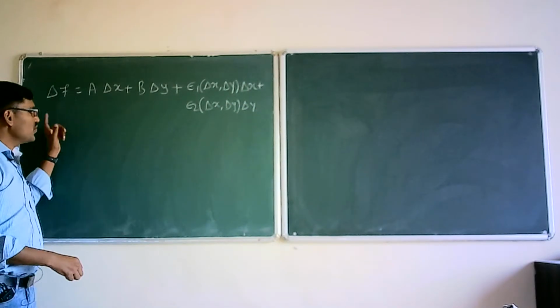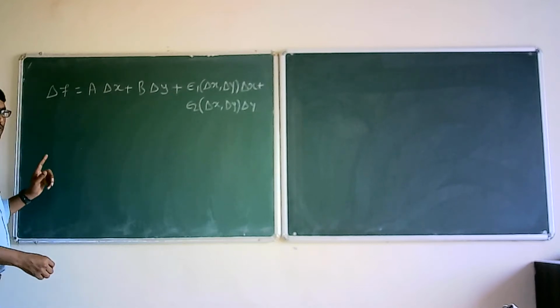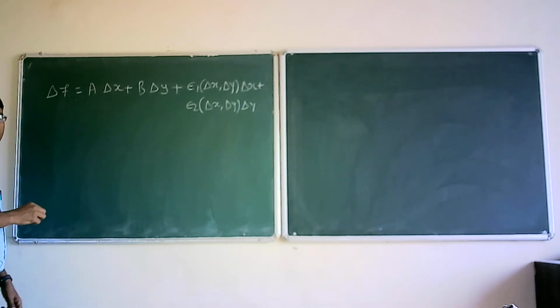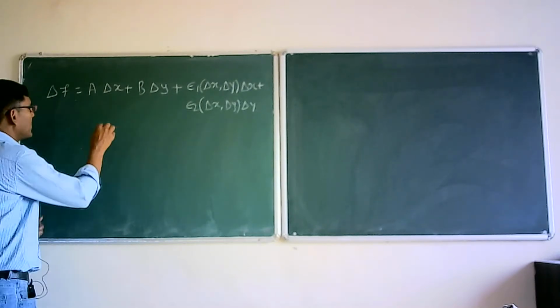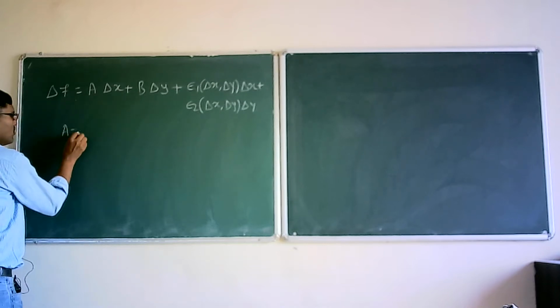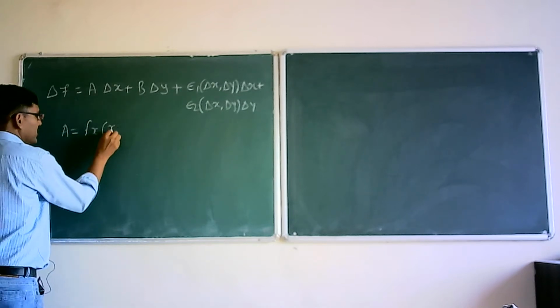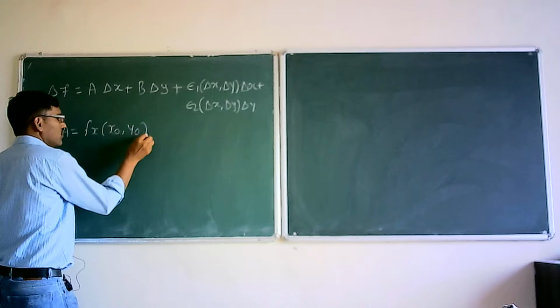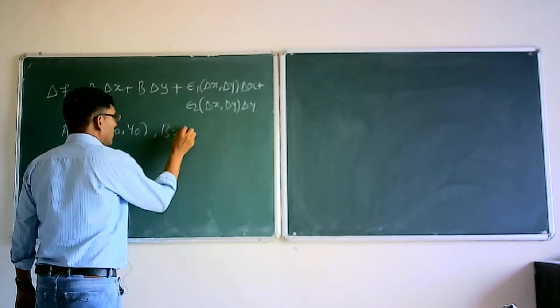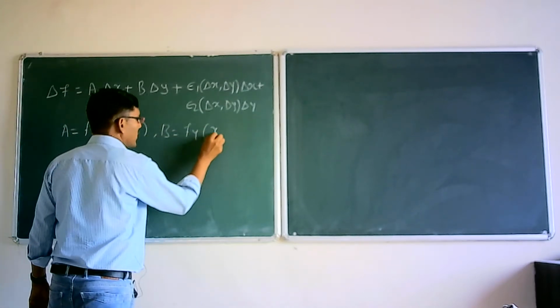If you express your increment function in this form, then you can say that the given function is differentiable at point x0, y0, where a is equal to f of x at x0, y0, b is equal to f of y at x0, y0.